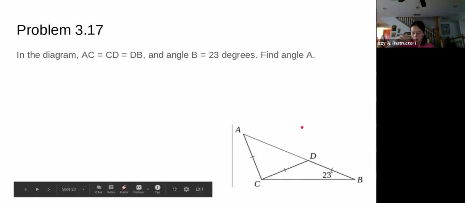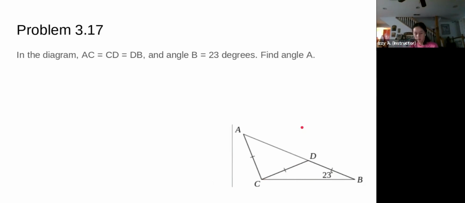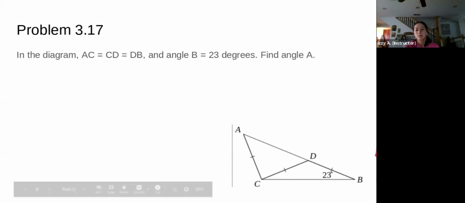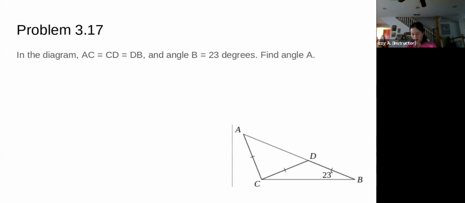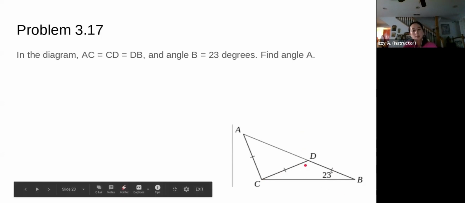If we were to do the math, we would get 180 degrees minus 2 times 23, which is 46, and that would be equal to 134. So that means that angle CDB is equal to 134.